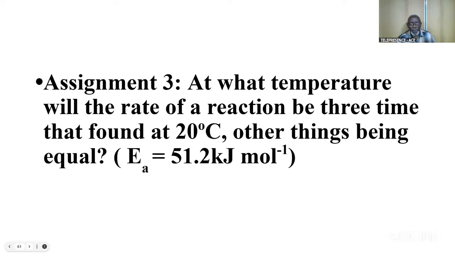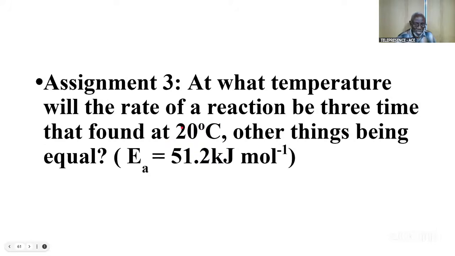So we know K1 and K2. K2 must be 3 times that of K1. So the rate must be 3 times, and the initial temperature is 20 degrees centigrade. From that equation, we can just substitute.